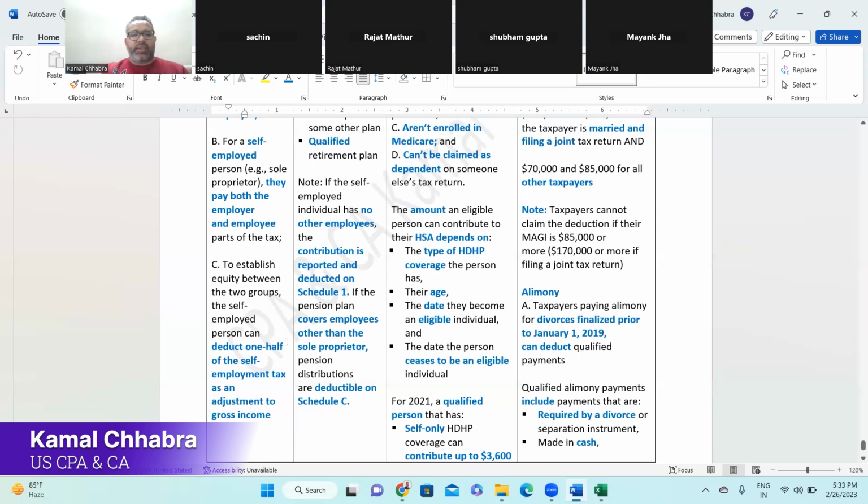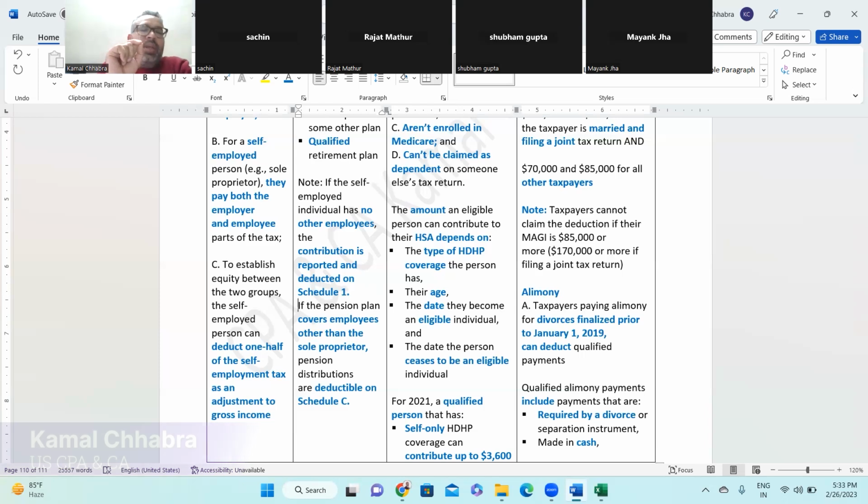So if you look at the second part, if the pension plan covers employees other than the sole proprietor, pension contributions are deductible on Schedule C, right? If you are doing it as a single person, then you need to declare it on Schedule 1.